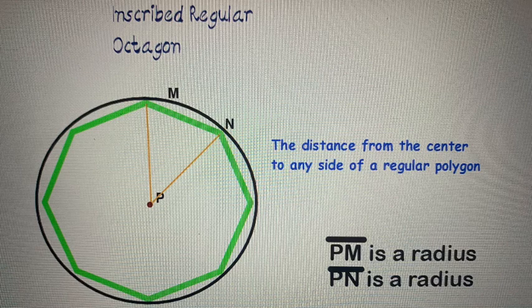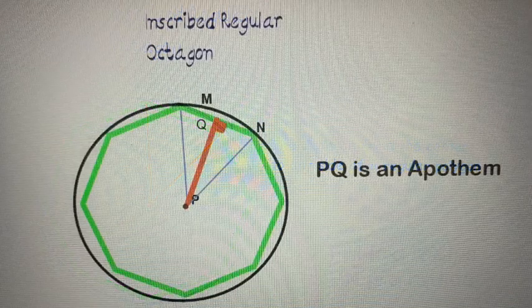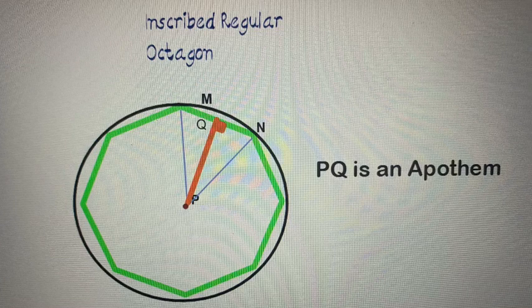The diagram also shows the center and the radius of this circumscribed circle. Alright, so now we have a new vocabulary word called an apothem. The apothem is the distance from the center to the side of a regular polygon.